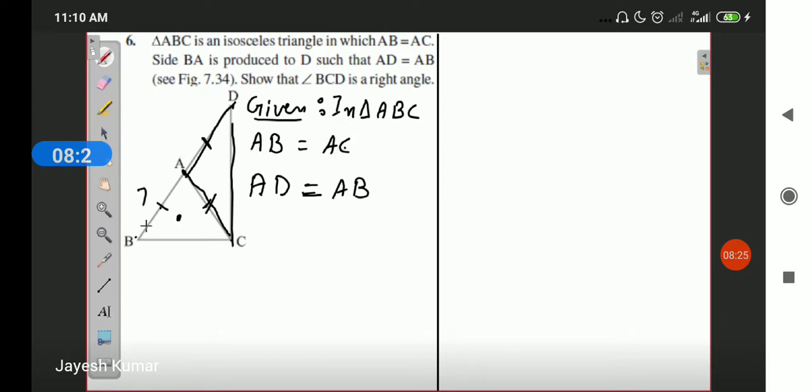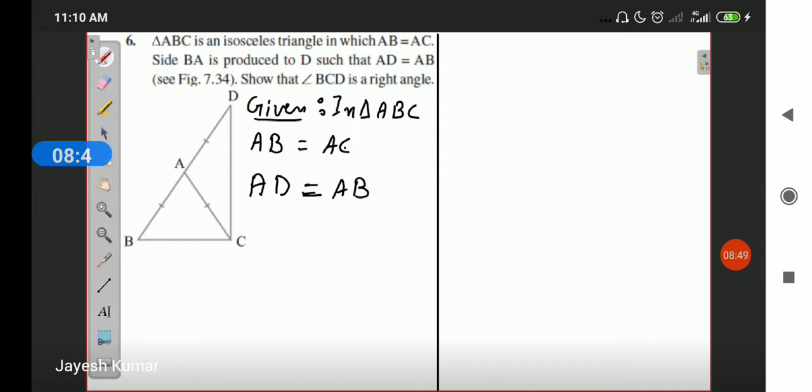Suppose this length is 7 centimeters. You are given that AD is equal to 7 centimeters and AC is also 7 centimeters. That means the values of AD and AC are equal, so triangle ADC should also be an isosceles triangle. Okay, so before starting the question, this is an observation that you should have.